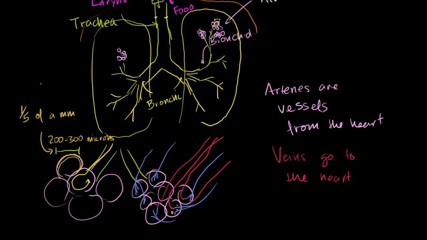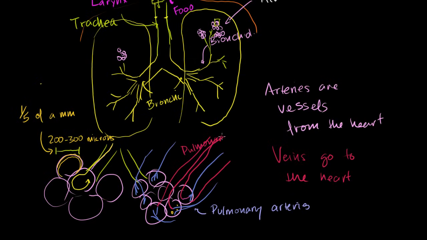And there's a special word for these arteries and veins. They're called pulmonary arteries and veins. So this is going away from the heart to the lungs, to the alveoli. These are the pulmonary arteries. And going back to the heart are the pulmonary veins.